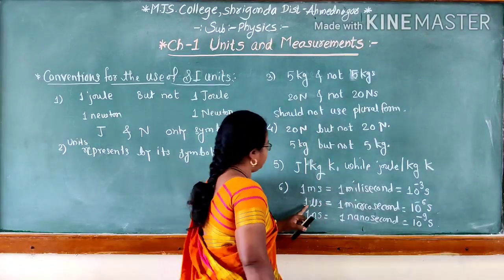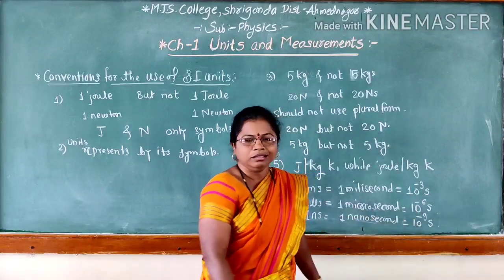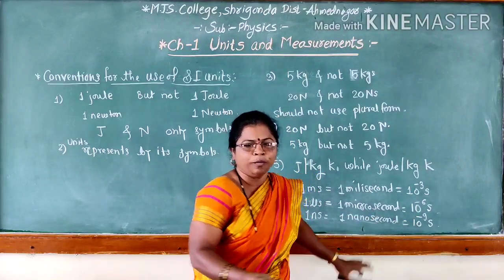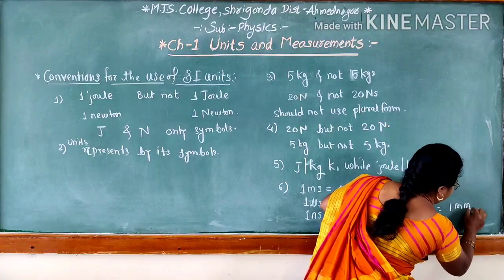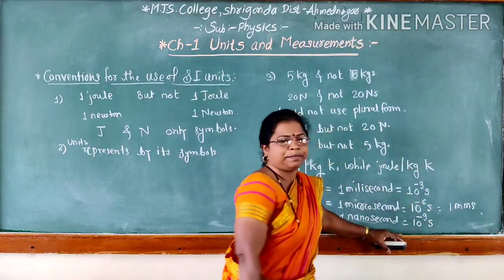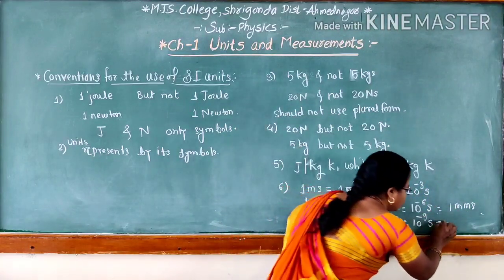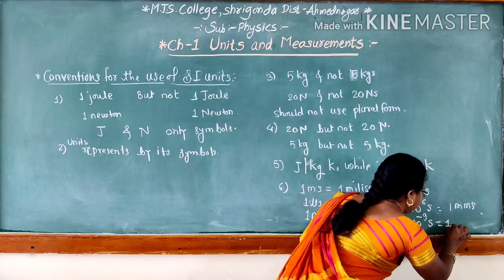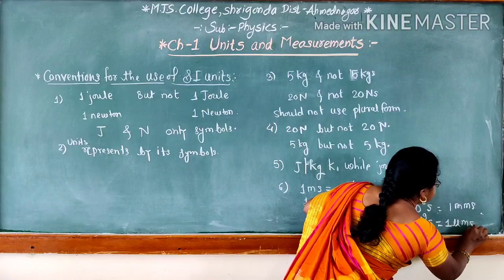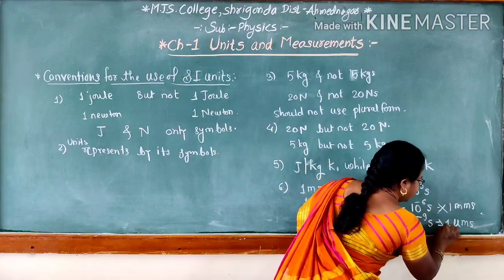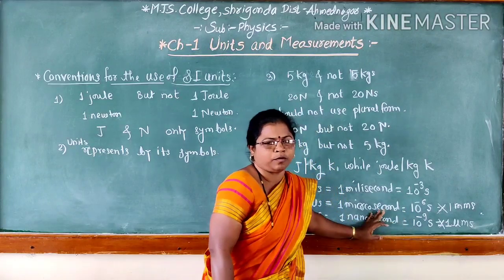If this is 1 microsecond, we do not write a double prefix. Similarly for a millimillisecond, we do not write it that way. We have to write simply in this form.